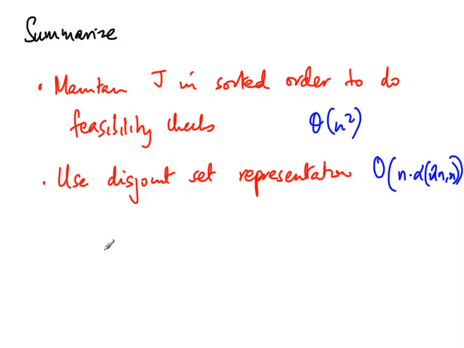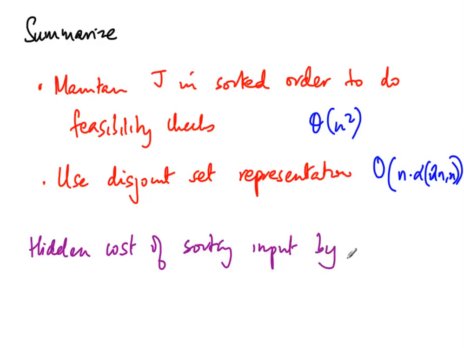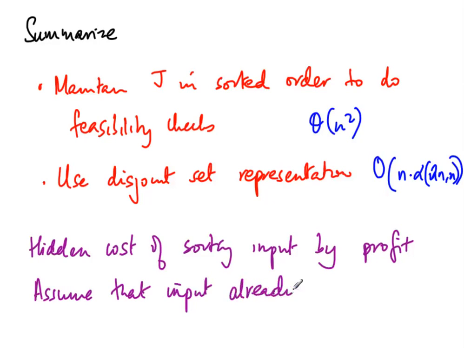Now, of course, there is a hidden cost of sorting the input by profit. But implicitly we assumed that the input is already sorted. So if we have to sort it ourselves, there is an n log n cost which will dominate this disjoint set cost. But if you assume that the input is already sorted, then we can disregard that, and therefore we get an algorithm which is almost linear if we use this clever representation.